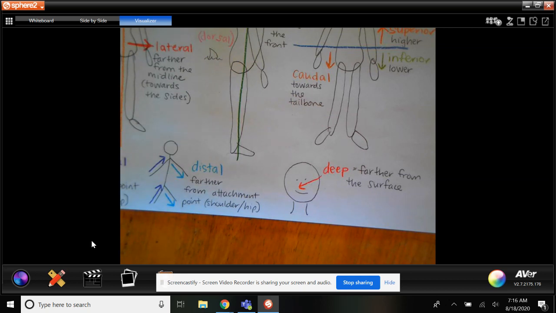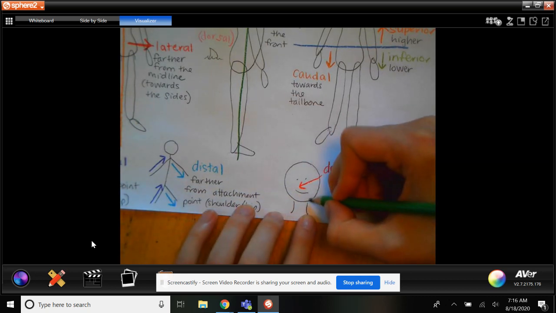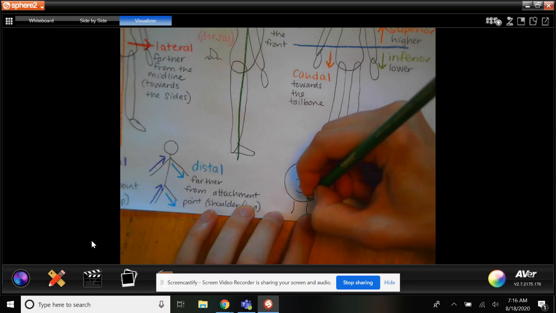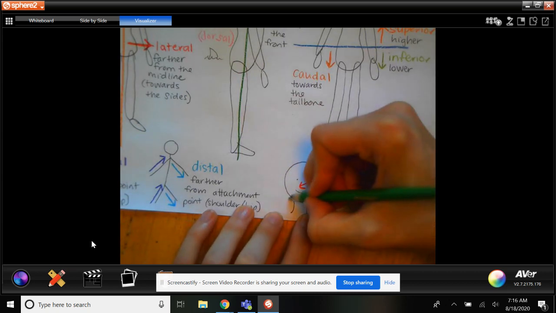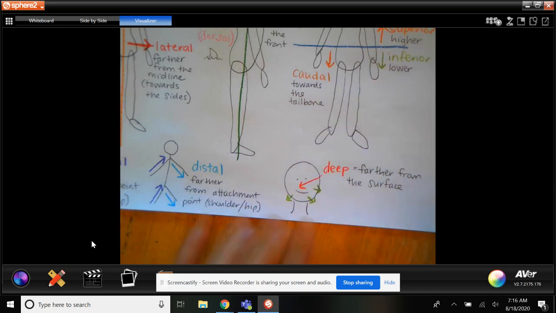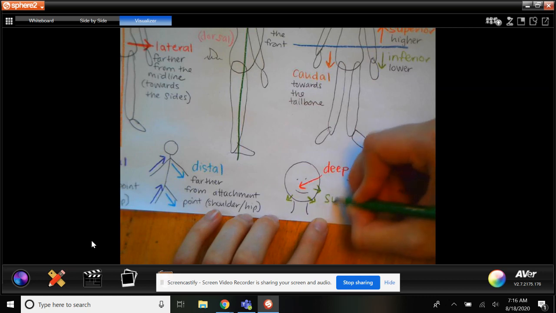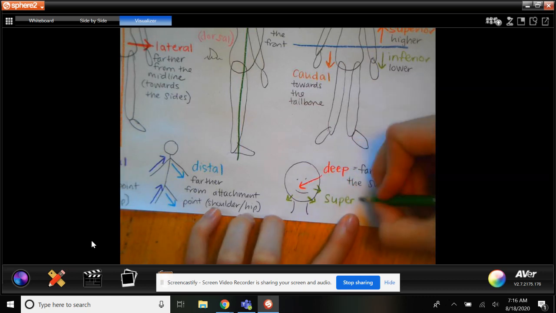Again, familiar word. But the other one, the alternative, is something that's close to the surface. So anywhere on the surface, that word would be superficial.